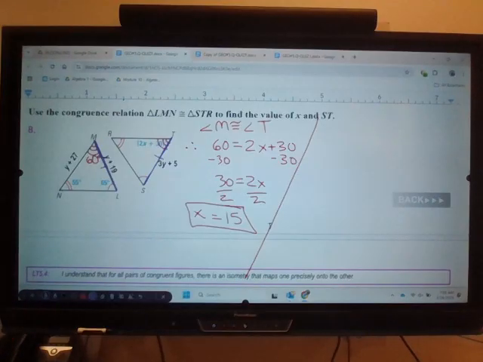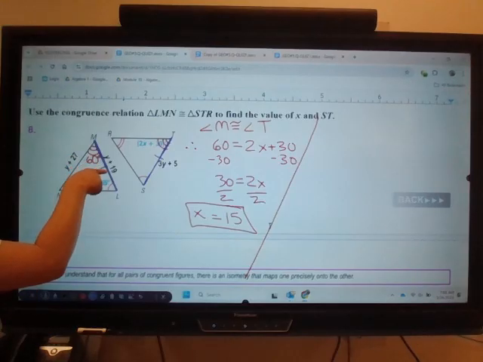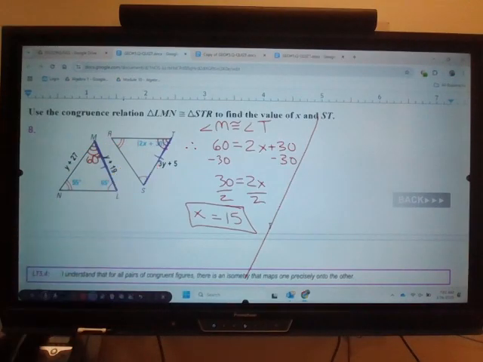Congruence is the fancy word for equality, right? So I'm going to set y plus 19 equal to 3y plus 5.